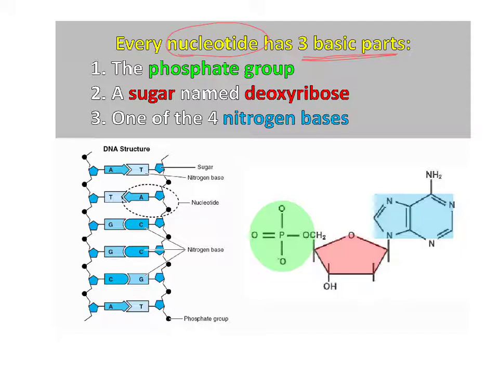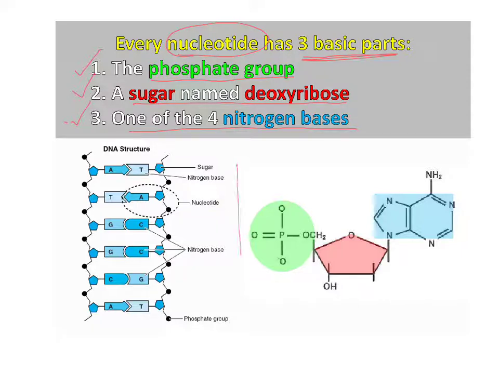The three basic parts of a nucleotide are a phosphate group, a sugar named deoxyribose, and one of 4 nitrogen bases. And we're going to look at this down here in the pictures. So look at number 13 on your notes. 3 things. Line 1 should say the phosphate group. Line 2 should say a sugar named deoxyribose. And line 3 should say one of 4 nitrogen bases.